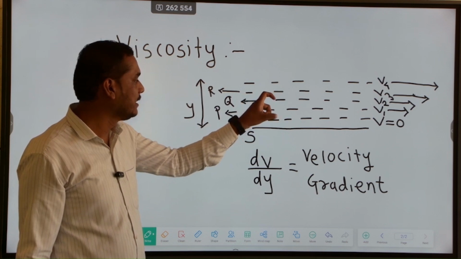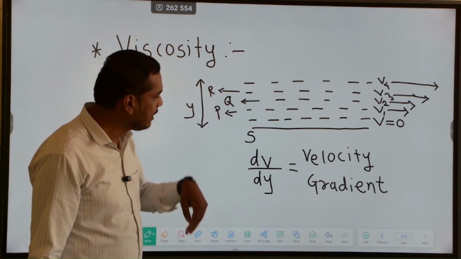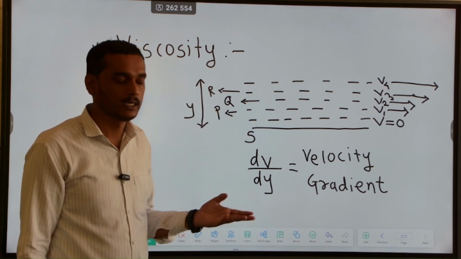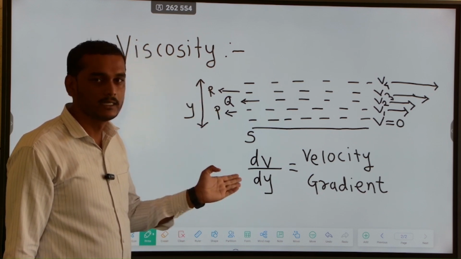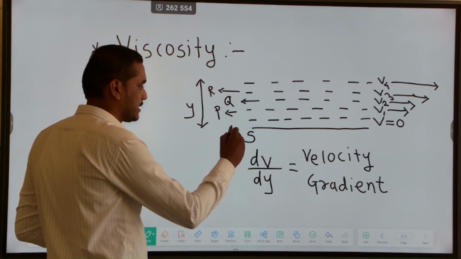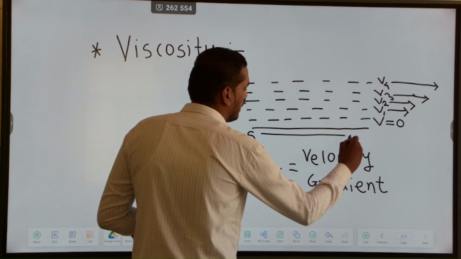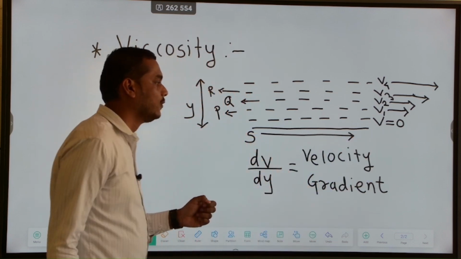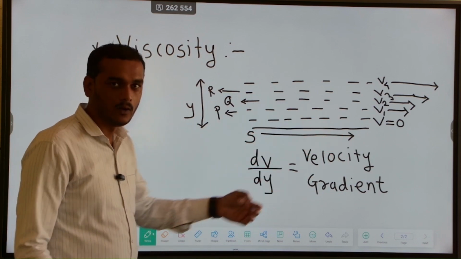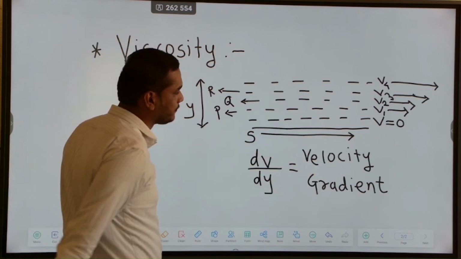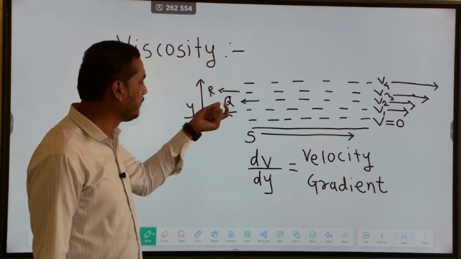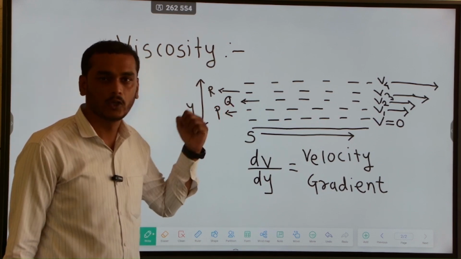Layer Q is the middle layer, layer P is the layer below layer Q, and layer R is the layer above layer Q. Now we have considered the motion of the fluid in the positive x direction, that is, the fluid is moving in this direction, towards the right hand side. So we want to calculate the different forces acting on layer Q.